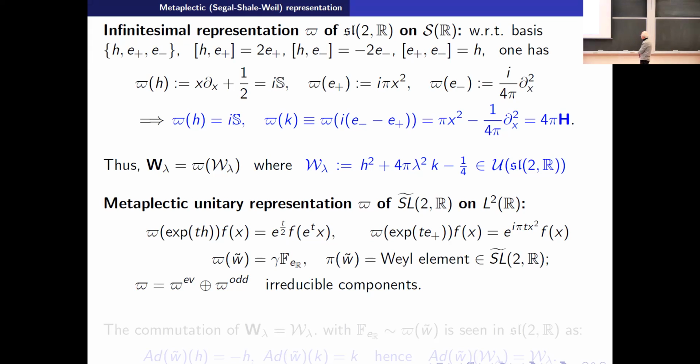Siegel and his former student Shale dealt with this representation in the infinite dimensional setting, Hilbert-Schmidt kind of thing. They started from something in mathematical physics, Siegel. But Shale was able to go from the infinitesimal form to the integrated form, even in that context.